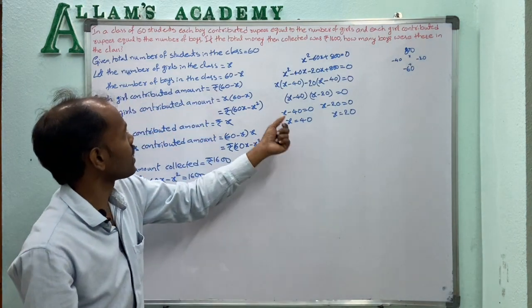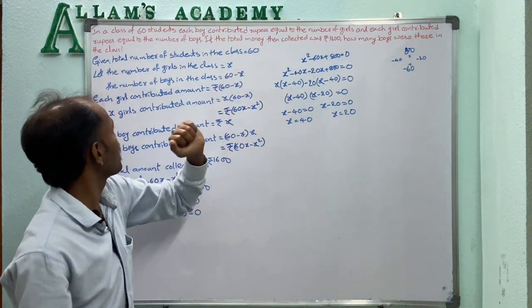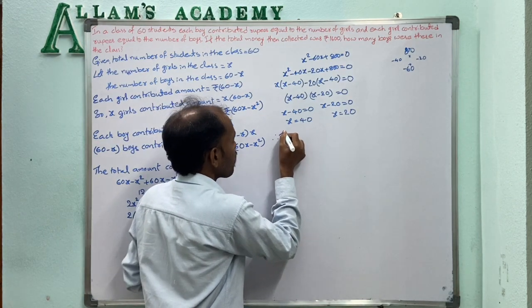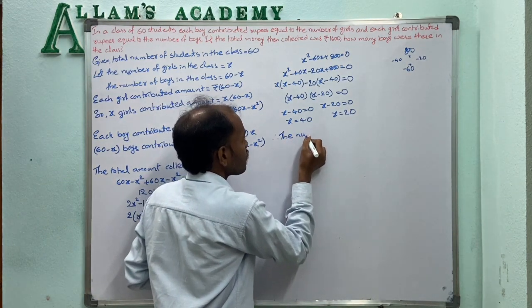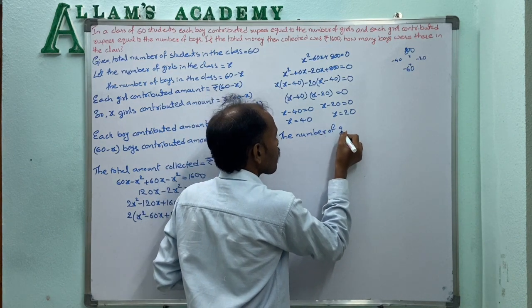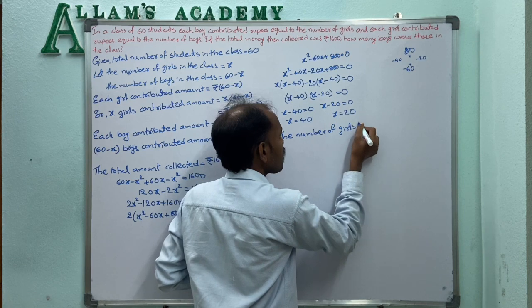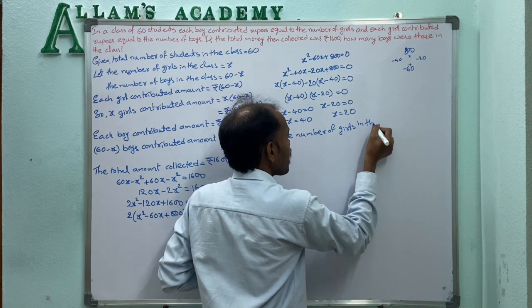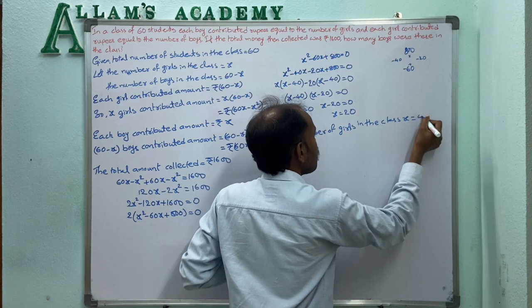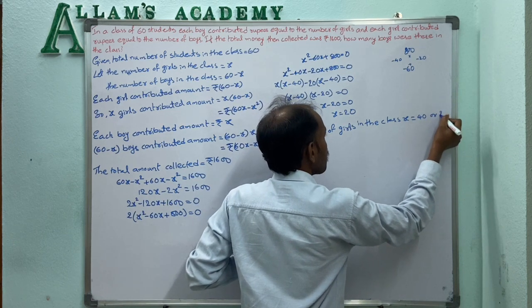X means that is nothing but number of girls. So therefore the number of girls in the class x equal to 40 or 20.